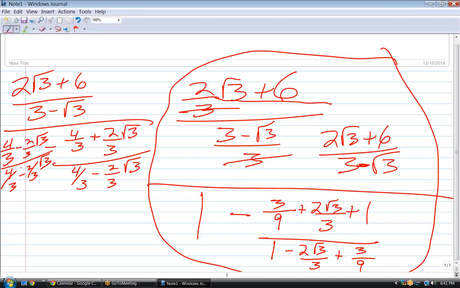And now I can operate on the bottom because they have a common denominator. And notice that disappears and this disappears. So that bottom becomes, yikes, 0. Okay. That doesn't work. You can't divide by 0.